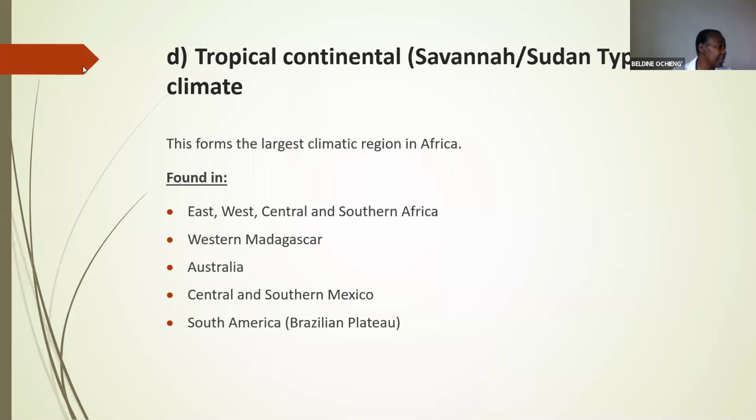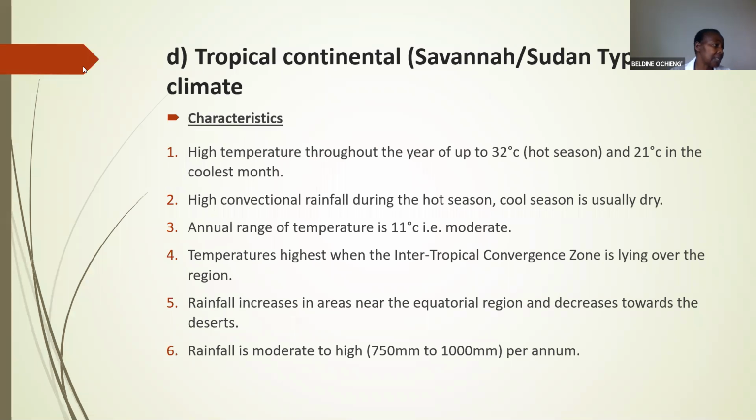If they are found in these areas, the areas were shaded, they are still shaded, but we are just getting the names of the areas here now. East, West, Central, and Southern Africa, Western Madagascar, Australia, Central and Southern Mexico, South America, especially the Brazilian plateau. That is where we are finding the tropical continental climate.